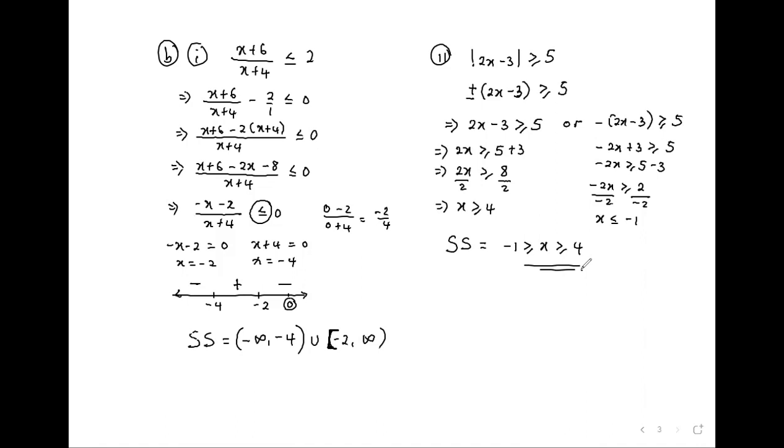You find some people would want to write this as x ≤ -1 union x ≥ 4. It's simple.